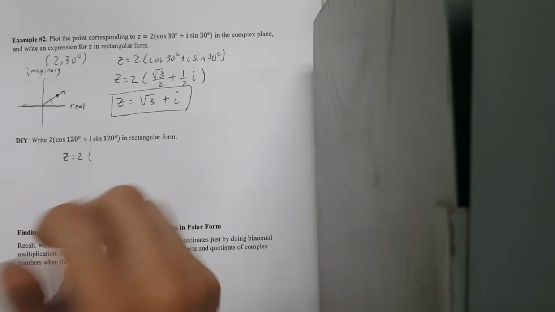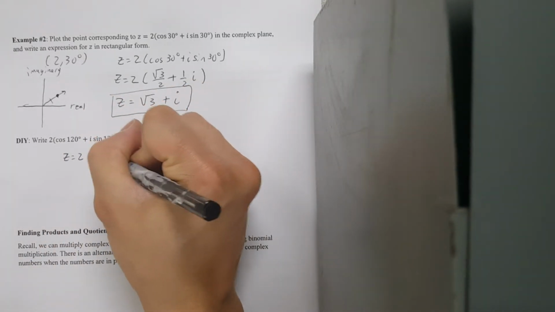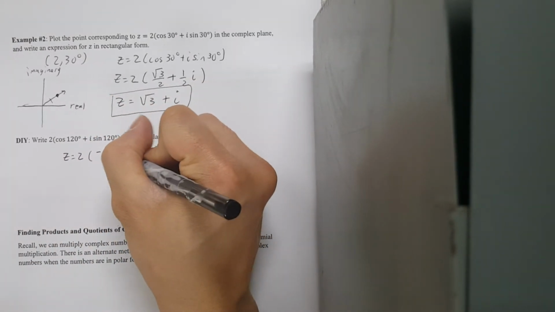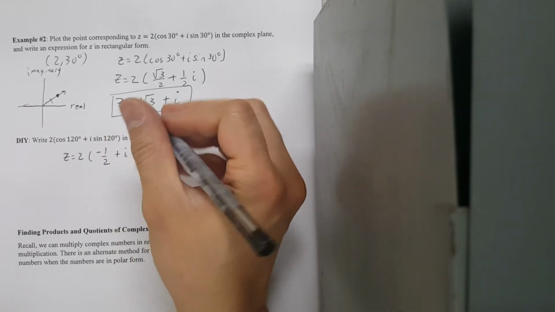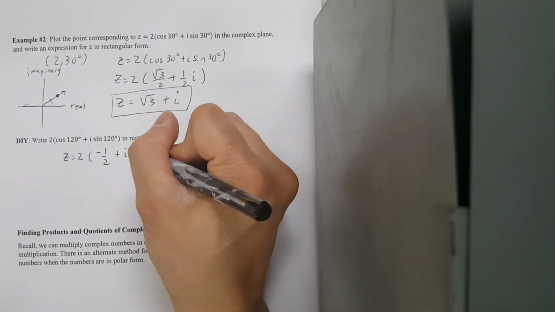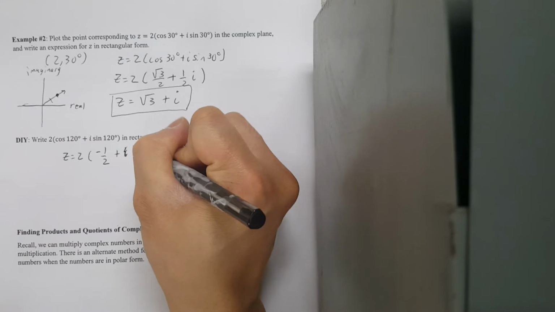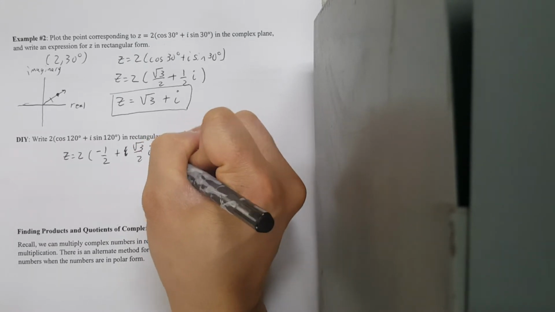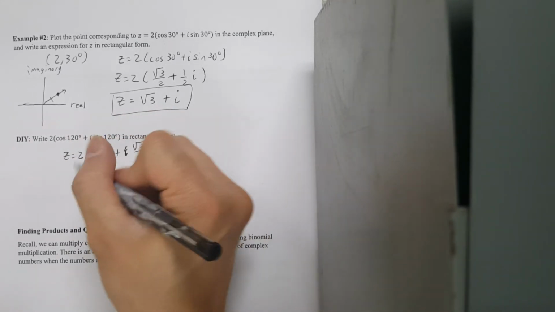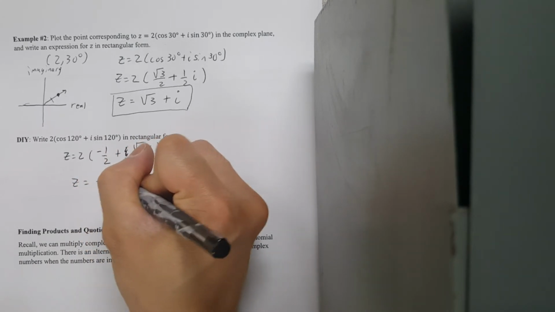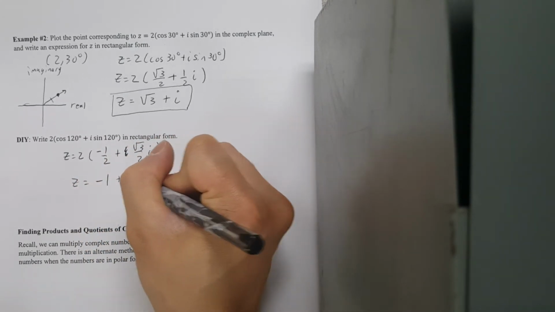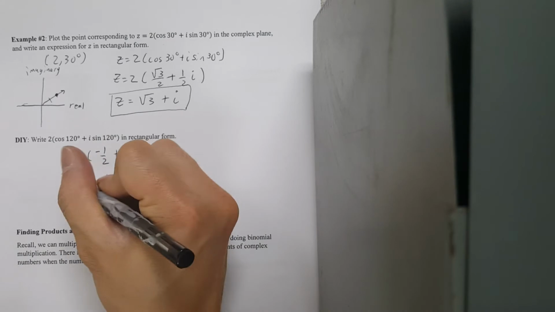But since I'm in quadrant 2, this should be negative 1/2. The sine of 120 is root 3 over 2. And I just go ahead and distribute. So z should be equal to negative 1 plus root 3 I.